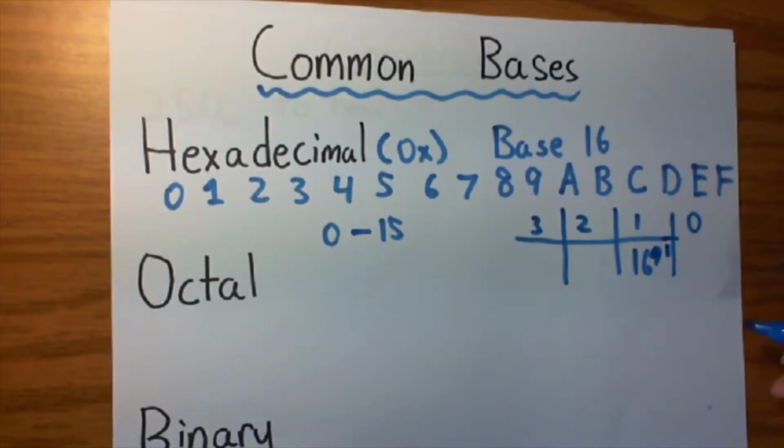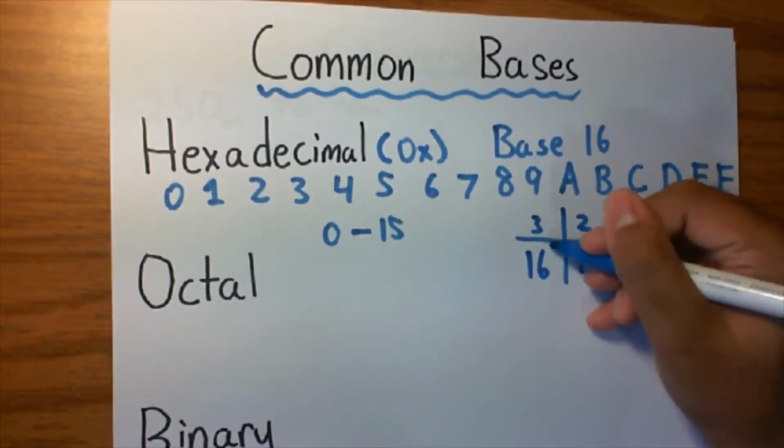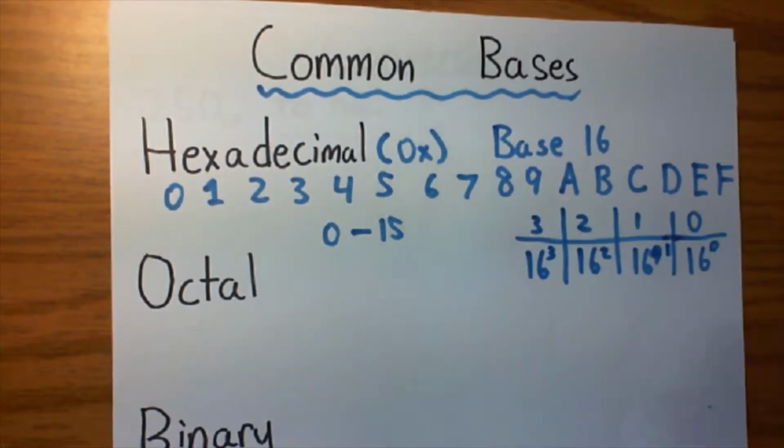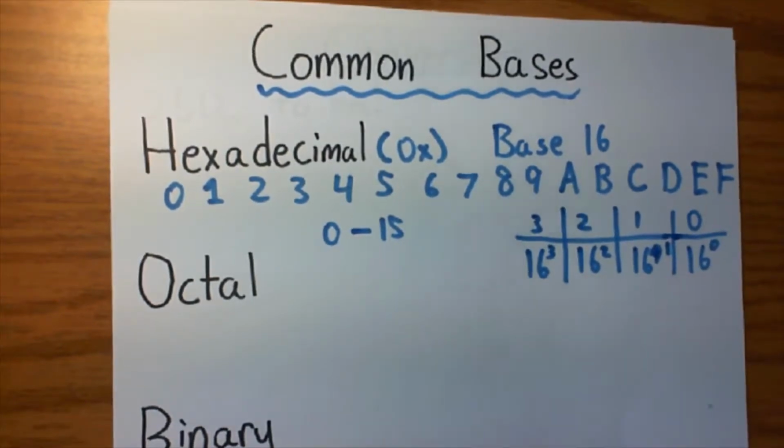So this is 16 to the first, this is 16 to the 0, 16 to the second, 16 to the third. We always start with the 0th digit and then move up as we go along to the left. Now for octal, this is a base 8 value, as you can probably tell from oct.